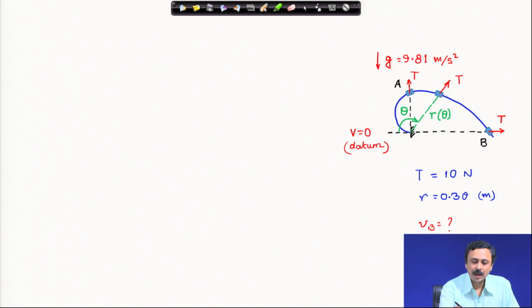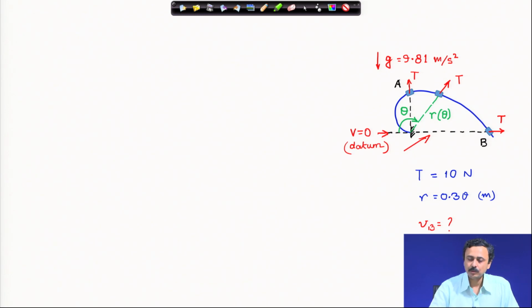In this problem I have chosen the datum as this horizontal line. Therefore, at this level V is 0. From here I will measure my vertical motion.